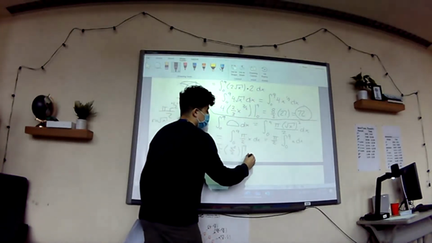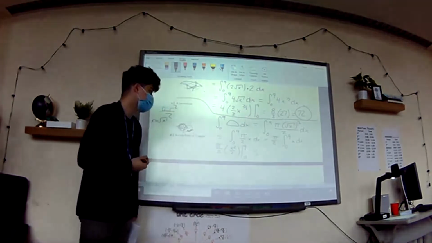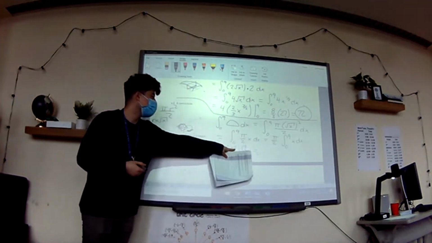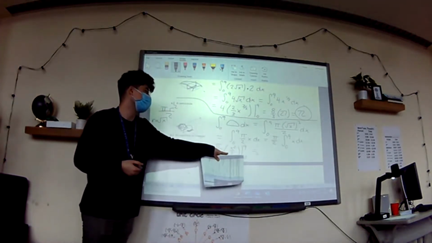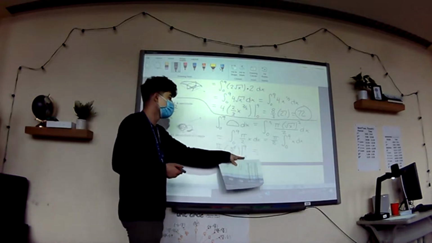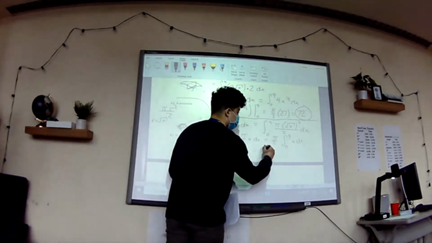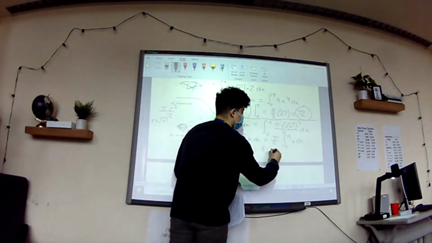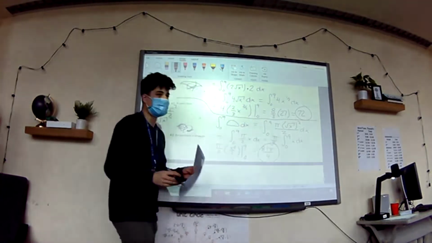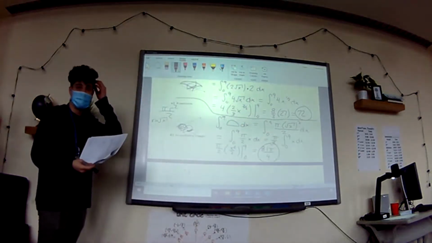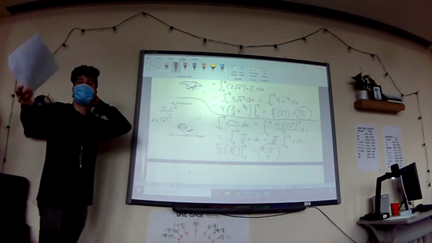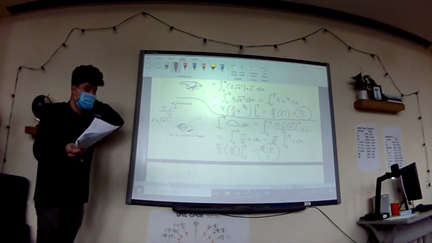You get this, you plug in 9 and 0, and then you get 81 for 9 squared over 4. So 81 pi over 4 minus 0. So 81 pi over 4 altogether, which I saw a lot of you getting, so really good job.